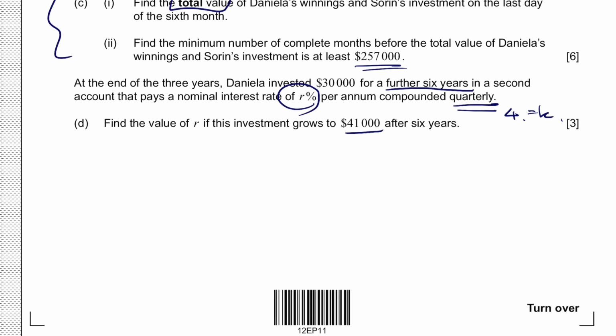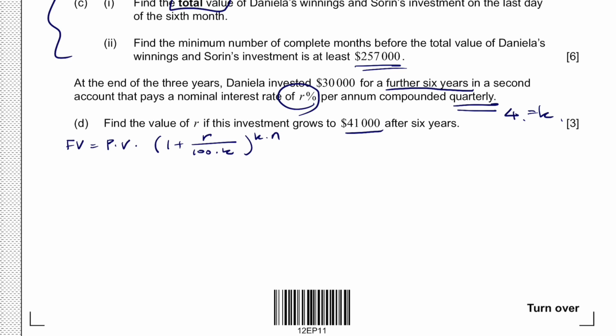Since this is talking about the nominal interest, we have to use the compound interest formula. So future value equals present value times 1 plus R over 100K to the power of K times N, right?